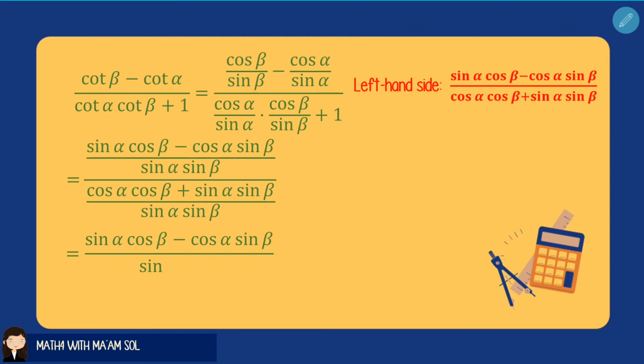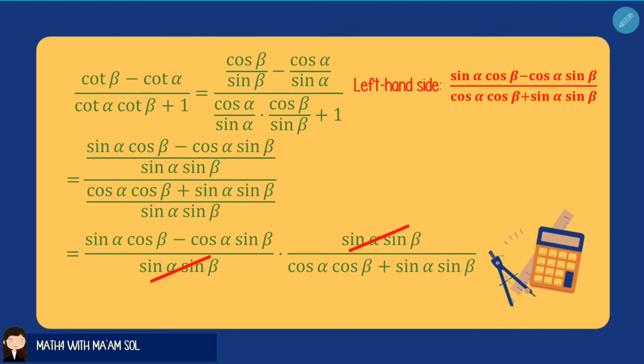Next, we're going to multiply our numerator with the reciprocal of our denominator. So you have sine alpha cosine beta minus cosine alpha sine beta all over sine alpha sine beta times sine alpha sine beta all over cosine alpha cosine beta plus sine alpha sine beta. Now we can see that we can actually cancel out sine alpha and sine beta together.